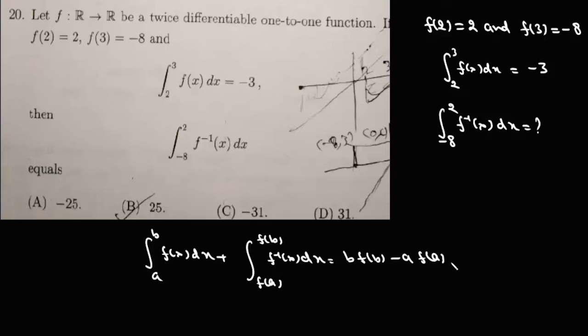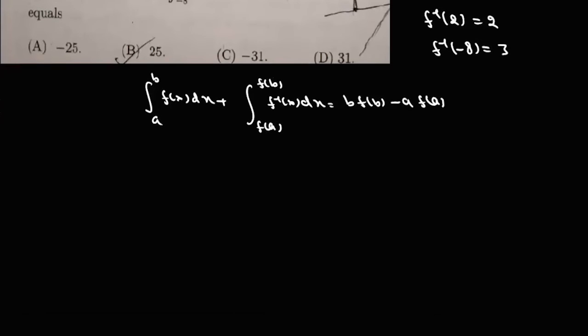And I think I have solved this question in the definite integral compendium. So if I can find it, I'll provide the link to that question in the description below. Now in this case, f(2) is 2 and f inverse 2 is also 2 and f inverse minus 8 is 3.